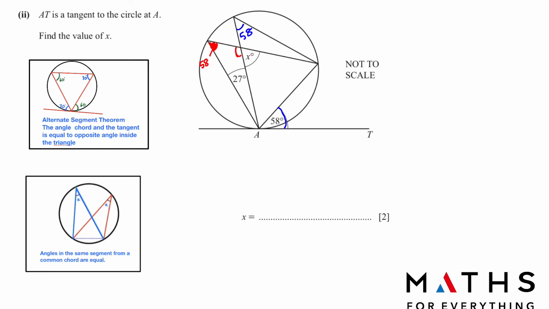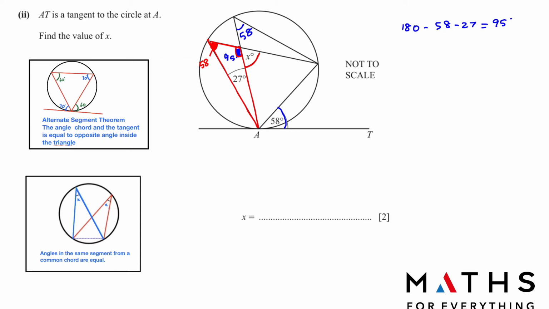Now to find x, there are two ways to do it. I'll show you one way first. Look at the triangle here. If I have two angles and I want to find the third angle, I will subtract from 180. 180 minus 58 minus 27 will give me this angle here, which is 95.